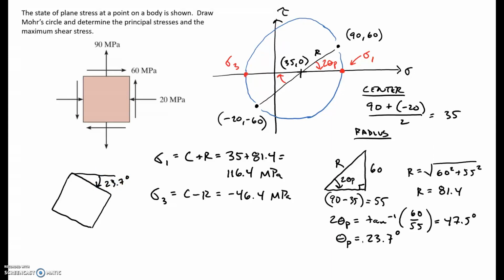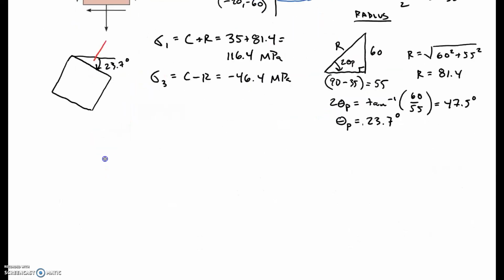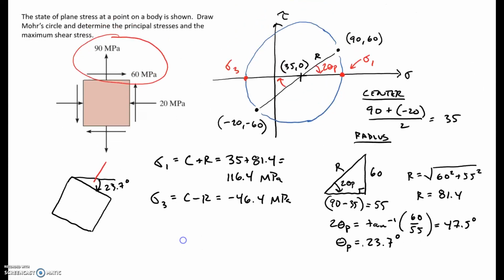And my major principal stress came from the 90-60 coordinates. So that was the top of the box that rotated clockwise and went to sigma 1. So the top of the box rotating clockwise ends up being this face right here. And that turned out to be a positive 116.4 megapascals. Of course, you have tension on the other side.